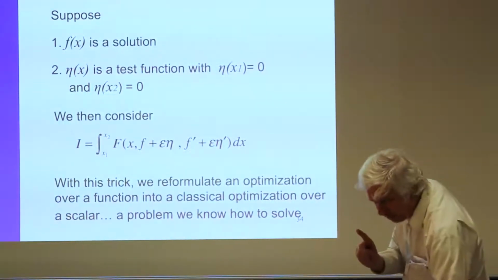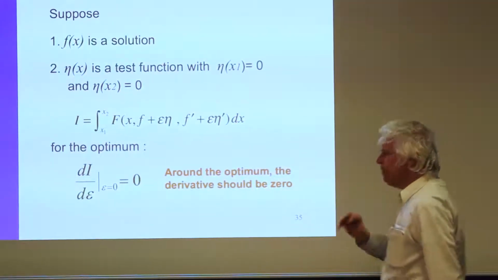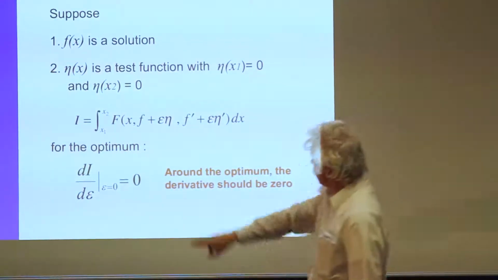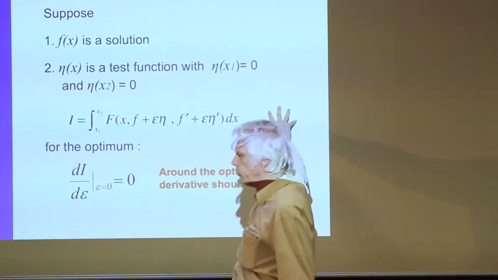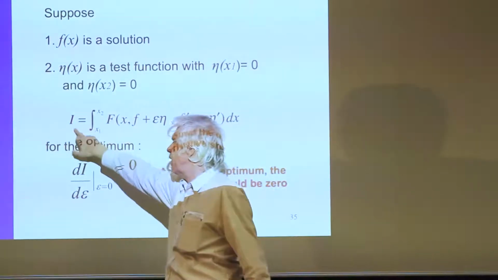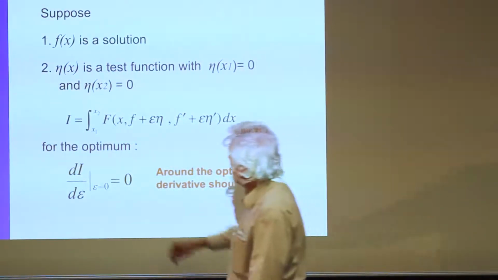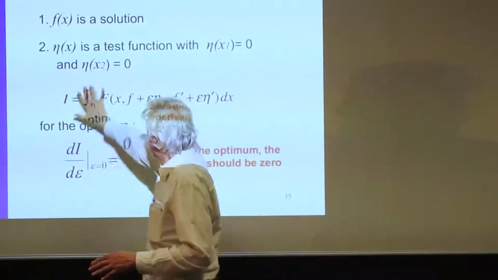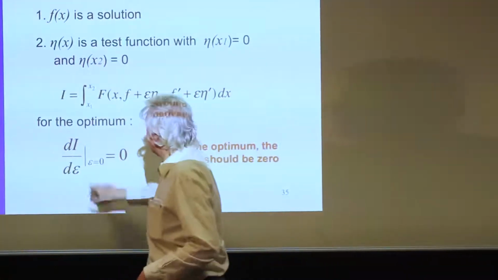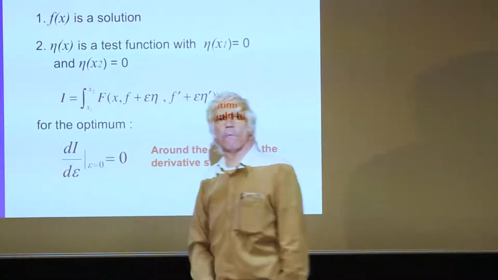What we have to do with that is, of course, to say, okay, if you want to know the best epsilon, we have to derive I, the value of that integral, not the intensity here, by the way, this is not the value of the integral, sorry for the confusion. But anyway, to optimize the value of I, the integral, you derive it with respect to epsilon, and that should be 0.